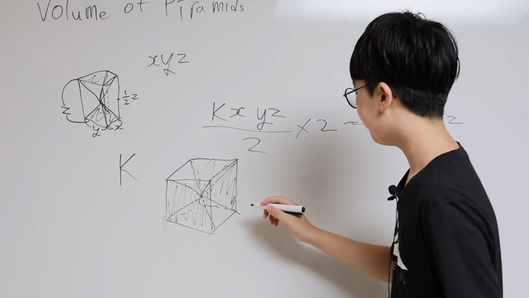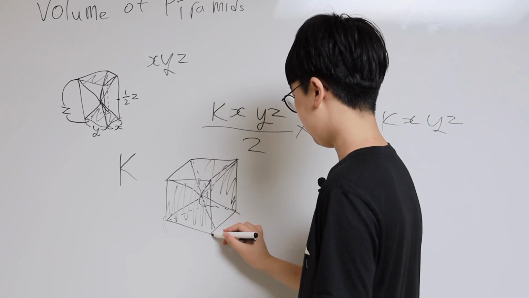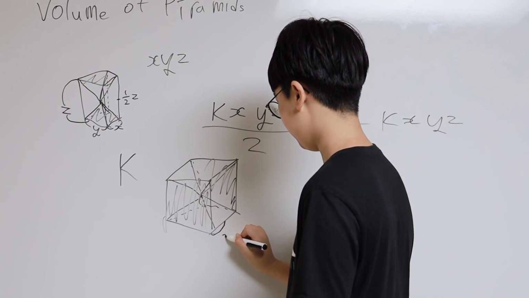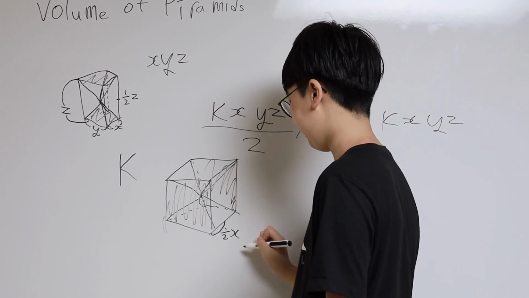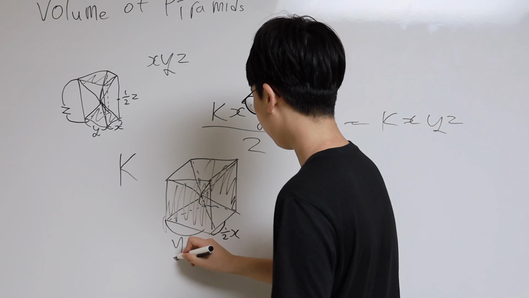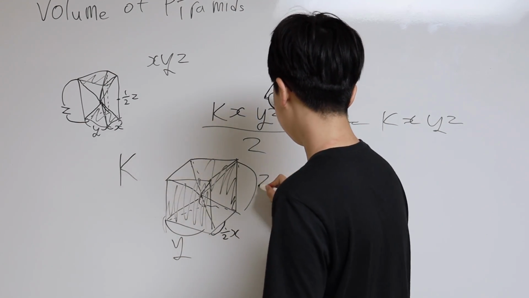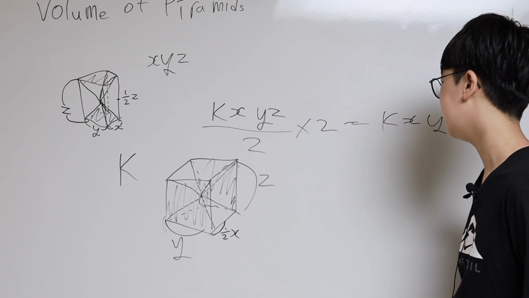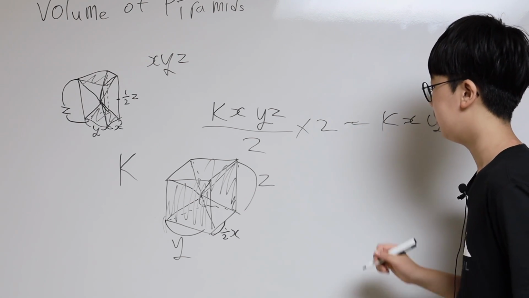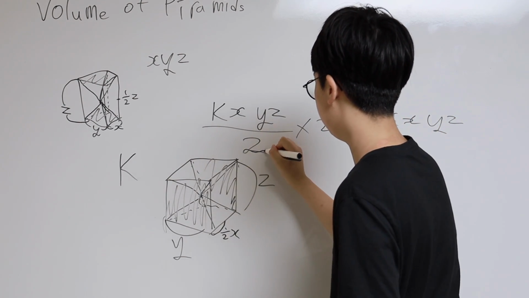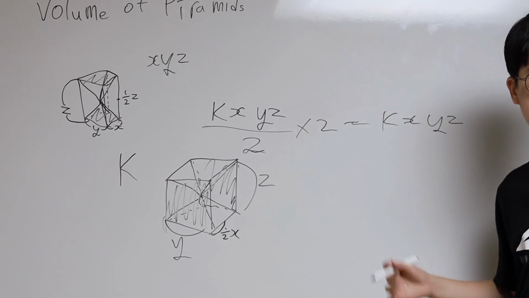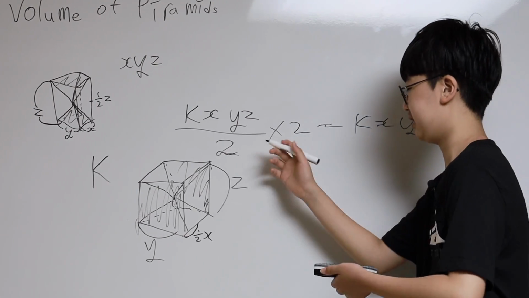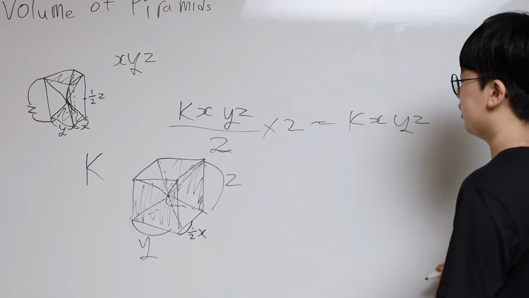So now this part is going to be half of an X, and this is gonna be Y, and this is gonna be Z. This is not 2, it's a Z. Let's draw the 2's like that, so we won't mistake those.